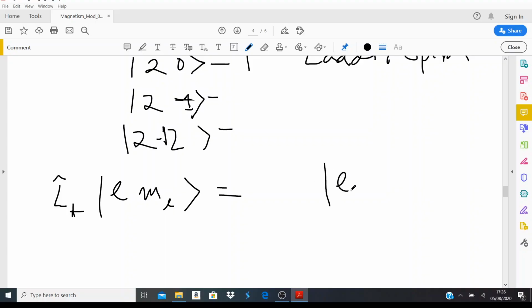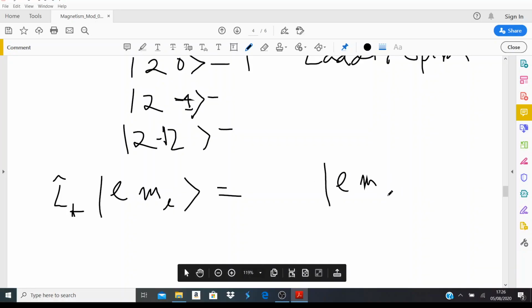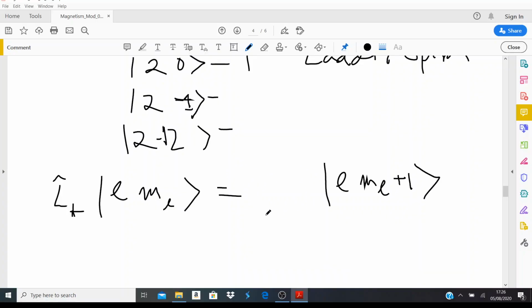So the state will be, L remains the same, but the value of ML will be increased by 1. That's the state, but we have some values associated with this operation, and this is given by h bar root over (L minus ML) times, everything is under the root, then another bracket (L plus ML plus 1).